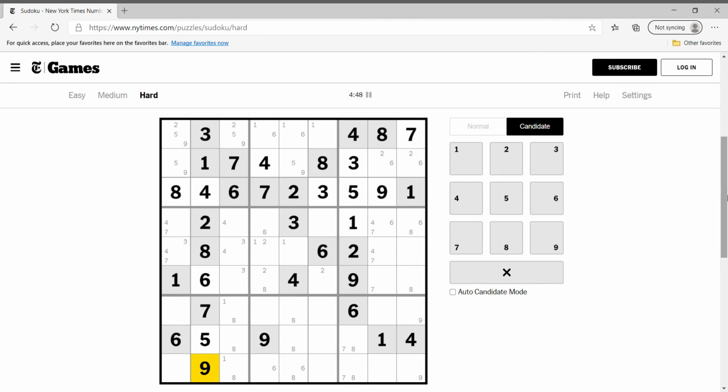Yeah, we don't quite know exactly how this box is arranged. Let me just check this cell right here. So this cell cannot be 2, 3, 4. Could be 5 again, though. Cannot be 6, 7, 8. Yeah, but it could be 9. Okay. Very curious, very curious.